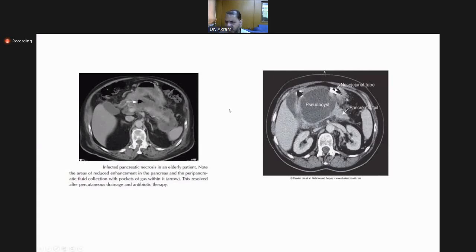How we deal with a pancreatic cyst, we will discuss later, inshallah. Here the whole pancreas becomes swollen and edematous. Infected pancreatic necrosis. Look, small air collections.